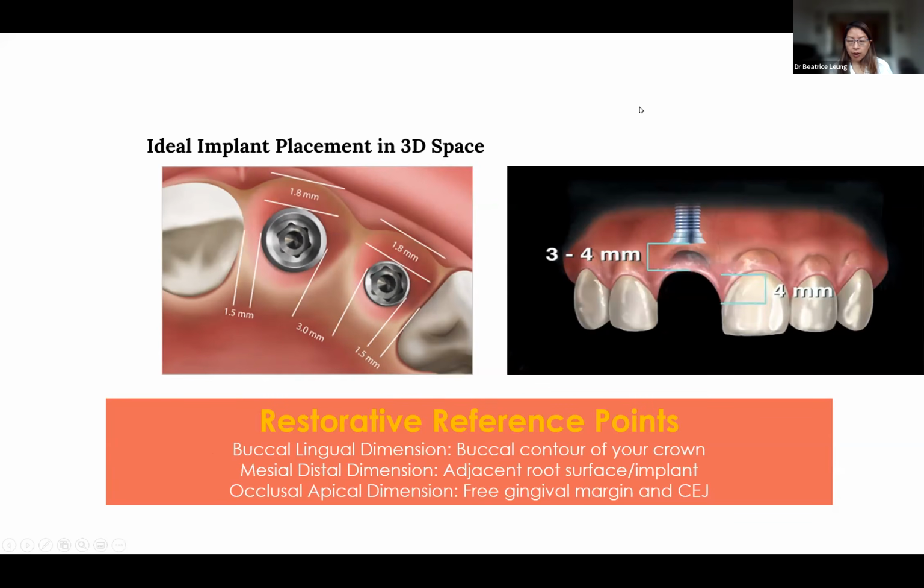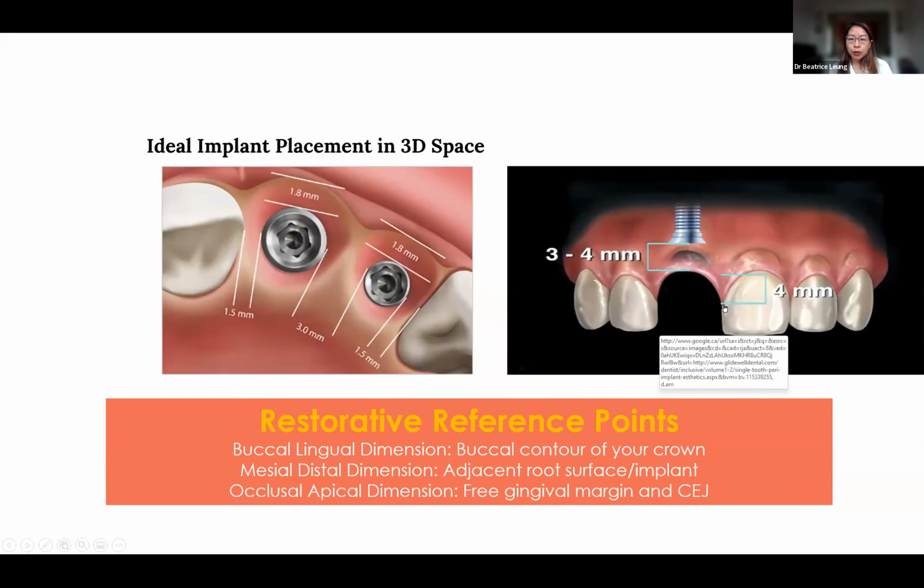Now apicocoronally, this is where I find that not many people talk about it, but it's very important for gingival aesthetics. Your reference point is your ideal gingival margin, the soft tissue margin, wherever that is. The implant should be placed about 3 to 4 millimeters apical to the gingival margin.